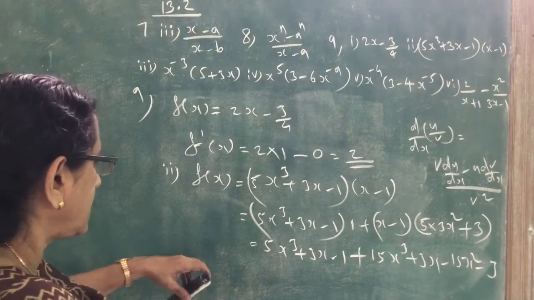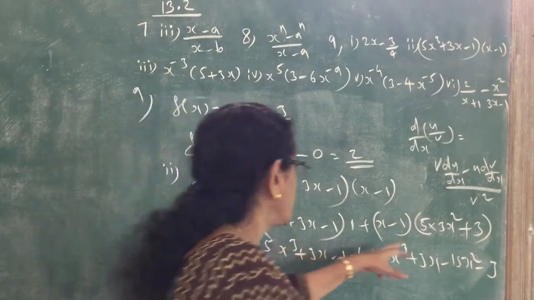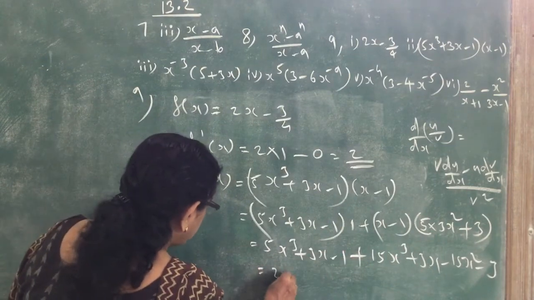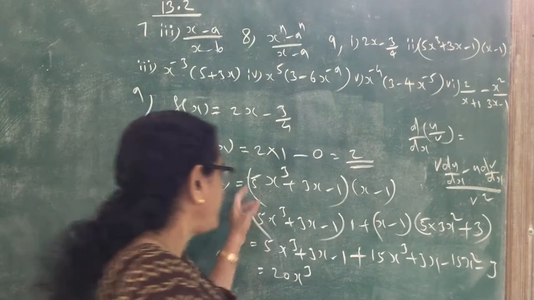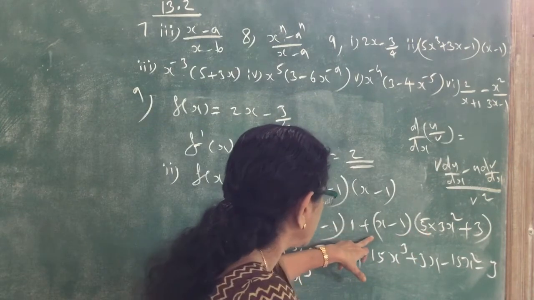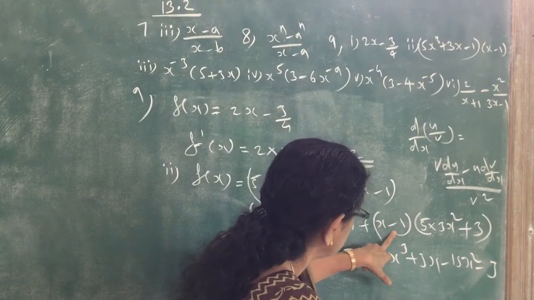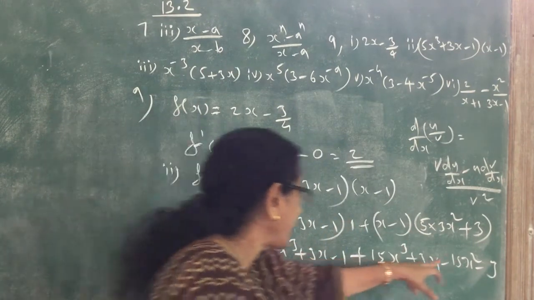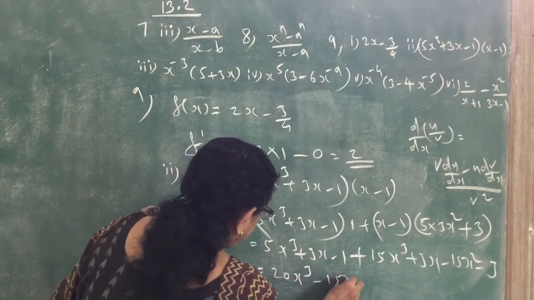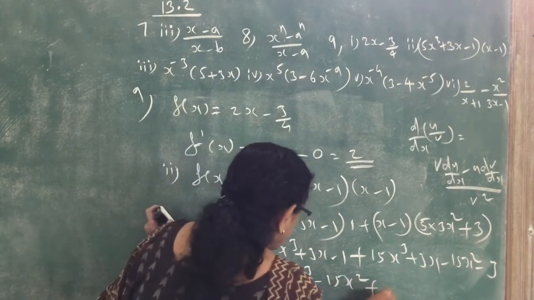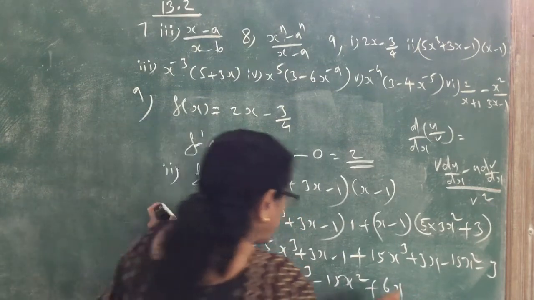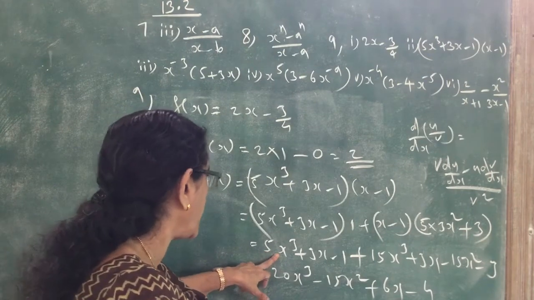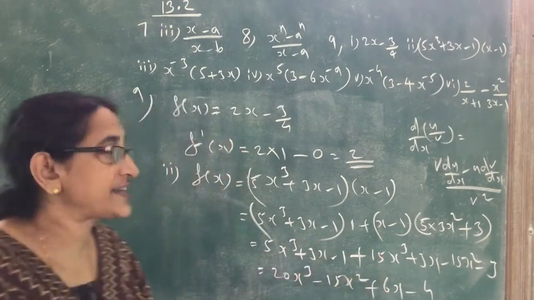So here we get 15x cube plus 5x cube, that is 20x cube, then minus 15x square, 3x plus 3x, 6x, then minus 1 minus 3, minus 4. So that is the answer, 20x cube minus 15x square plus 6x minus 4.